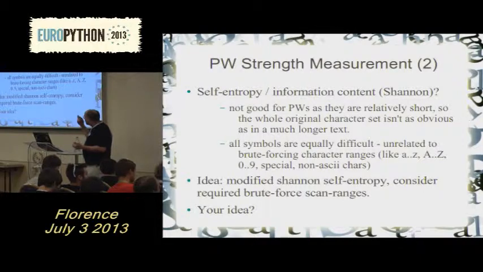And the idea, and what I maybe want to discuss later, is if one maybe could use a modified Shannon algorithm that somehow uses indicators. So if you use a lowercase a, it will somehow assume that the complete lowercase characters were candidates. Or if you use a German special character, it will assume that you could have used all those characters.